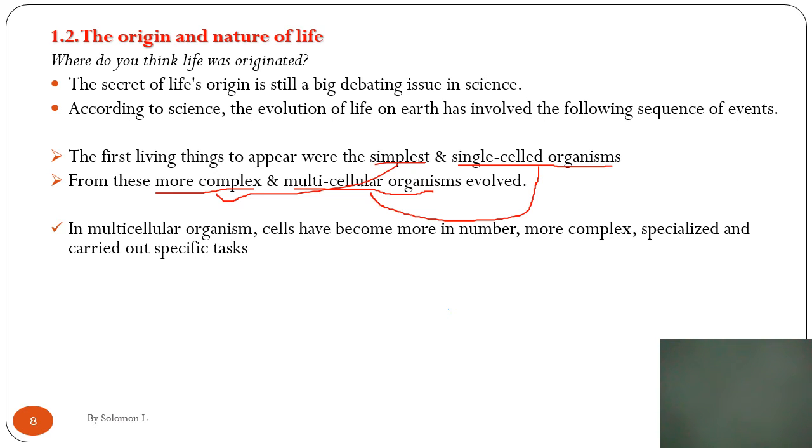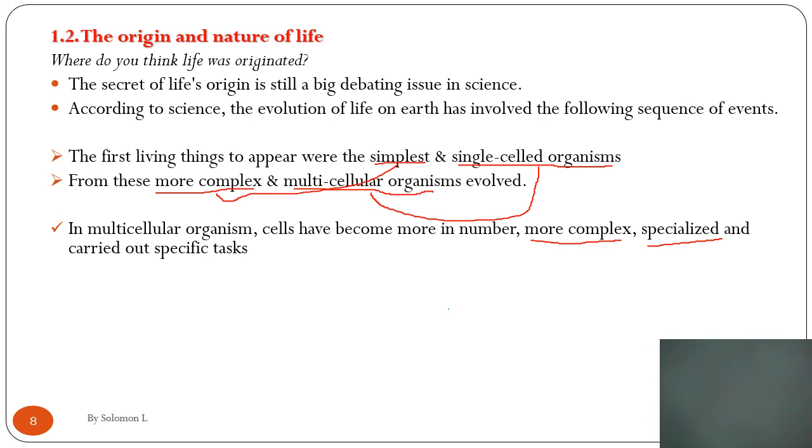But in multicellular organisms, the cells have a nucleus, and their organelles are surrounded by membranes. Also, cells in multicellular organisms are specialized cells, because in a level of organization, different cells are organized to make tissue, and similar tissues are organized to make organs.